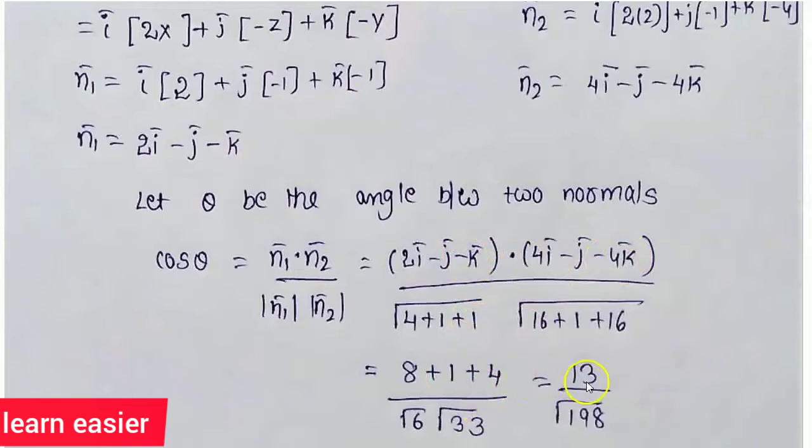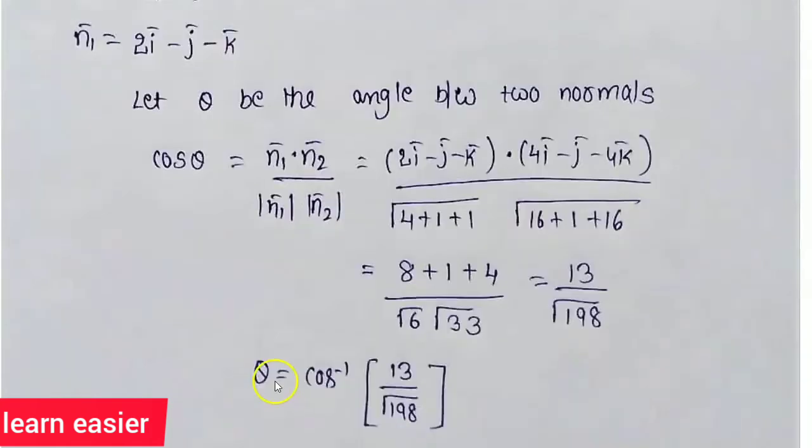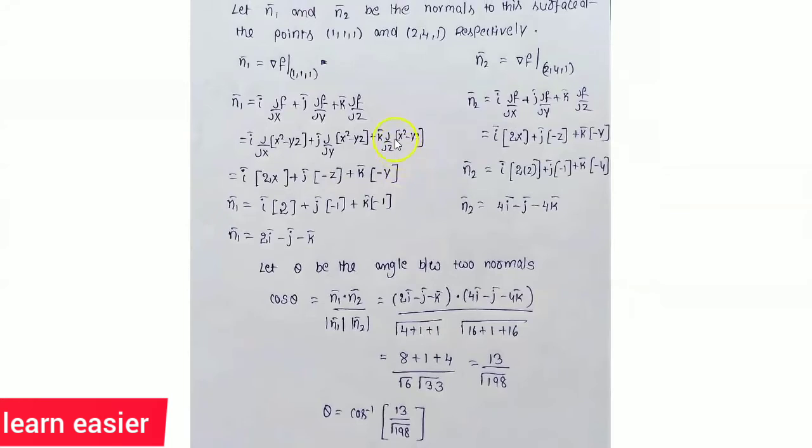So in total we get 13 by root 198. So the angle theta is equal to cos inverse 13 by root 198. So we found the angle between the two normals.